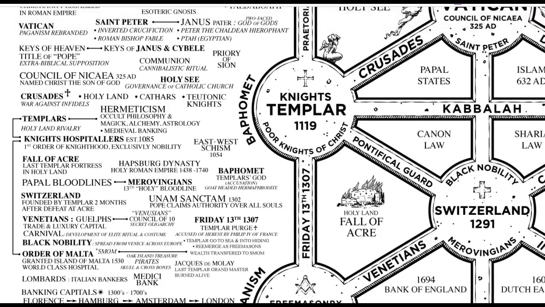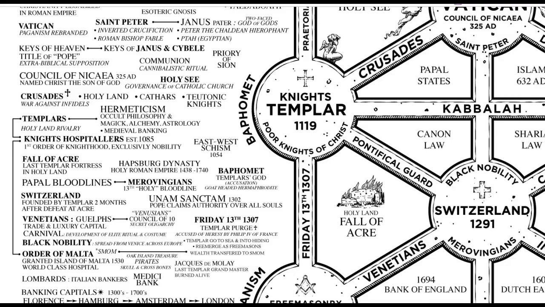Friday the 13th, 1307 is when the French king issued a decree to arrest all the Templars, and they were accused of worshiping Baphomet and homosexuality, which was a really big sin in that day.